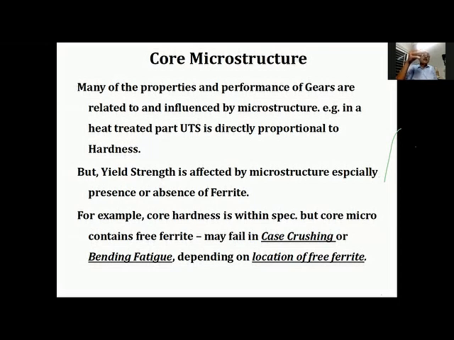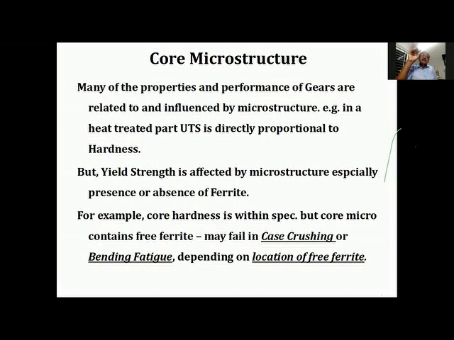The importance of the core hardness is of course there. It broadly gives you an idea that the core strength is good. But if the core microstructure contains a lot of ferrite, then it can fail by case crushing or it can fail by bending fatigue.